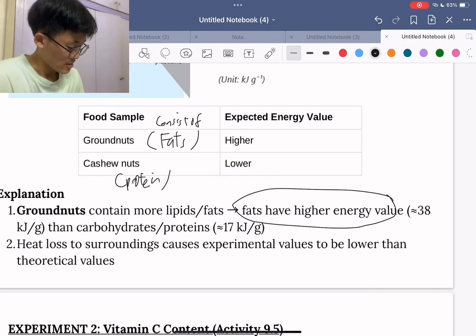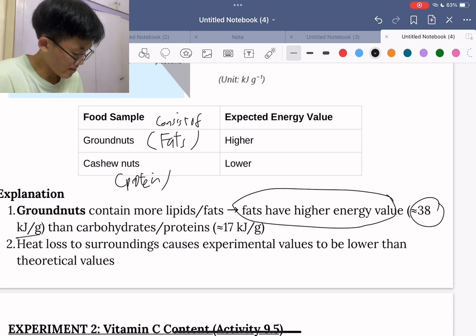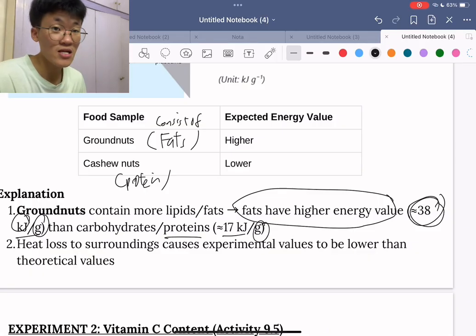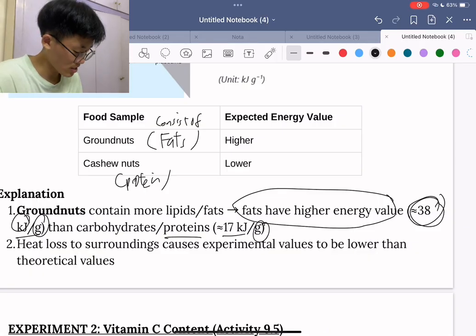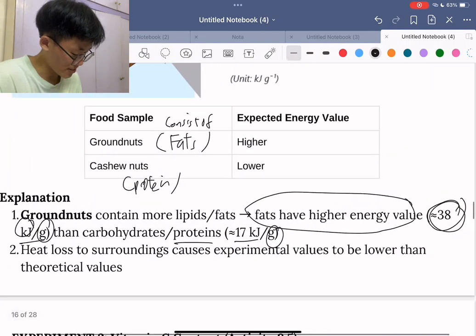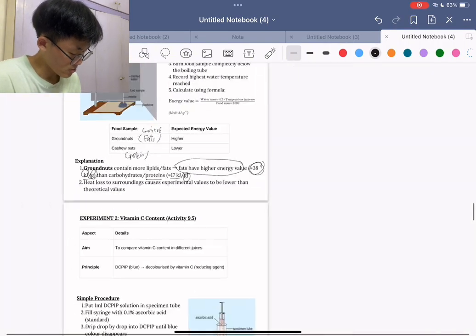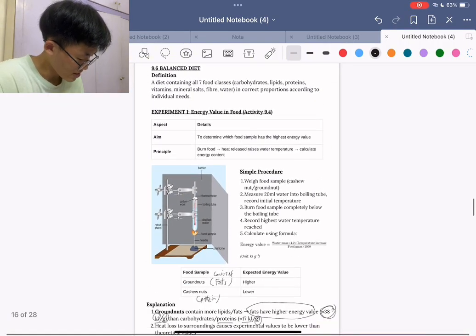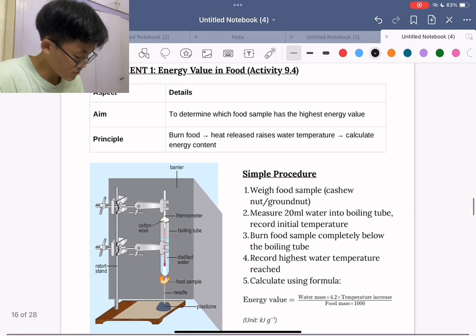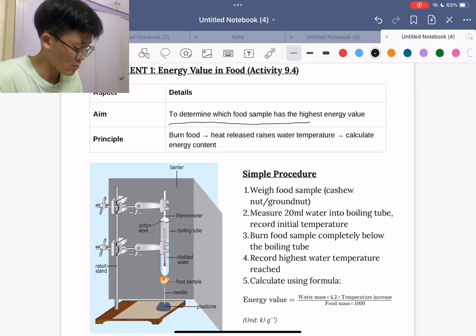So fats have a higher energy value. It means that for 1 gram, it can give you 38 kilojoules. Compared to protein, for 1 gram, it only gives you 17 kilojoules of energy. So this is the explanation, yeah? Okay, so what you want to prove is to determine which food sample has the highest energy value.